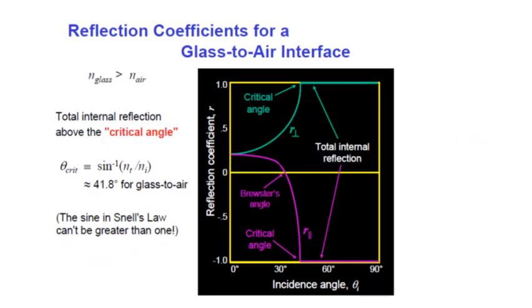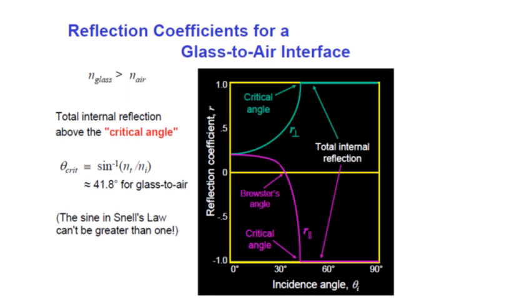If the refractive index of glass is more than air, there is total internal reflection above the critical angle, and that critical angle is equal to the inverse sine of n_t over n_i, 41.8 degrees from glass to air. This is also from Snell's law, since the sine in Snell's law cannot be greater than 1. We have shown here how the reflection coefficient moves.